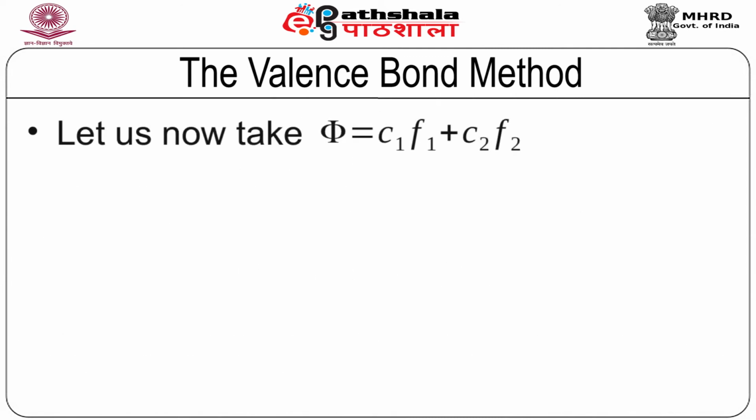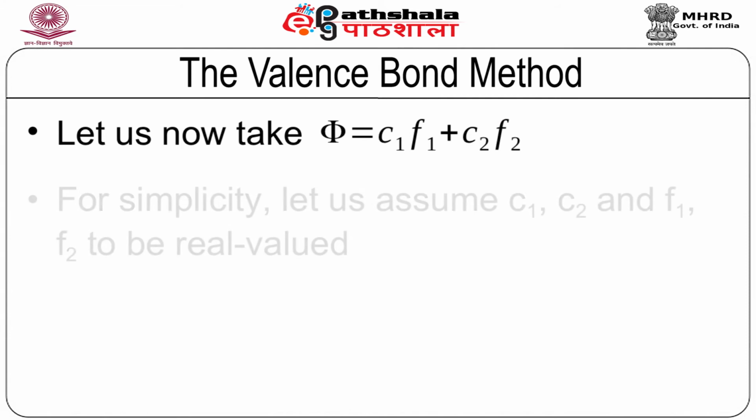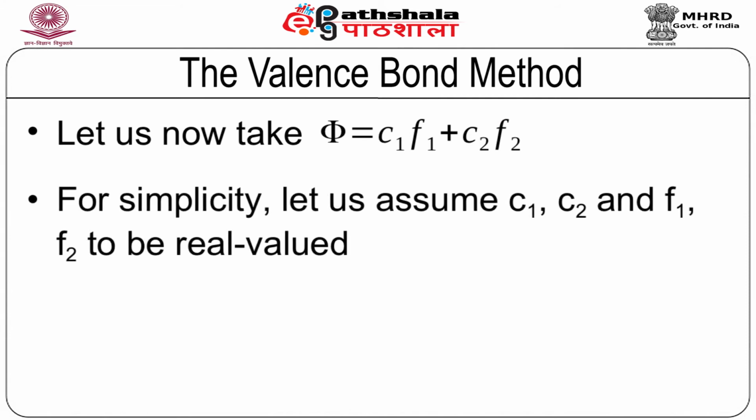Now let us take phi as a linear combination of two arbitrary functions and write it as C1 F1 plus C2 F2. For simplicity, let us assume C1, C2 and F1, F2 to be real valued.